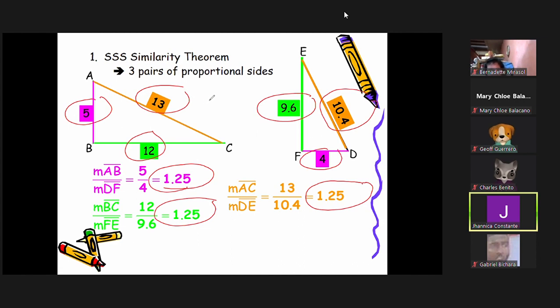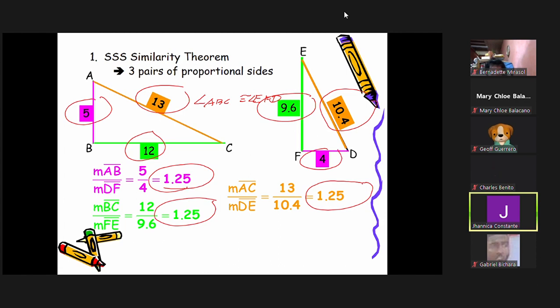So see, triangle ABC is still congruent to triangle FED. Okay. So, congruent pa rin silang dalawa, even though they don't have the same measurement for the side.